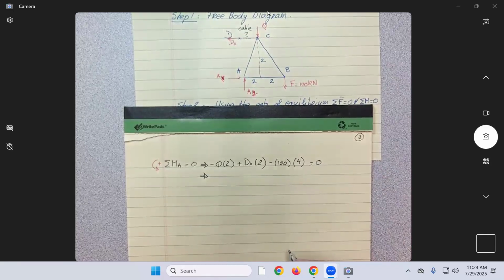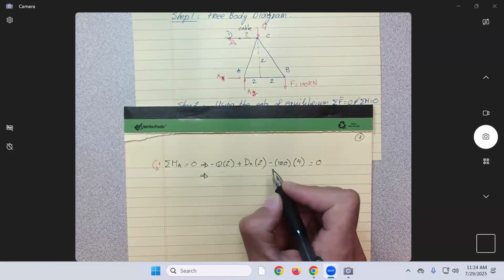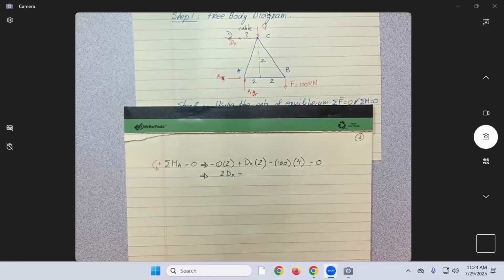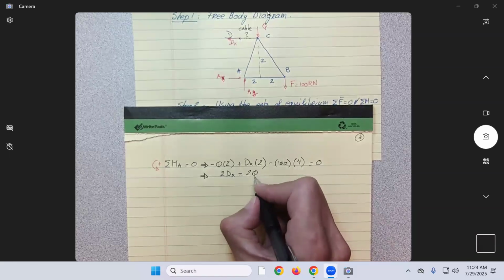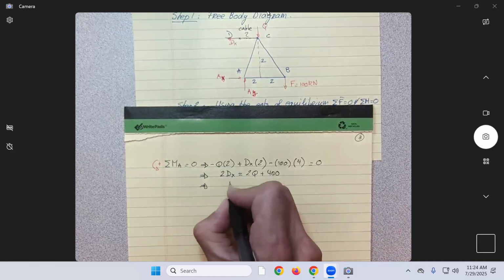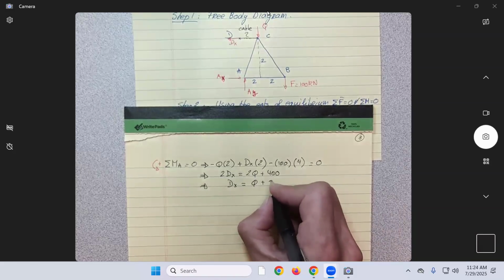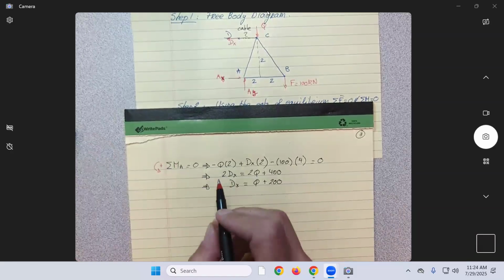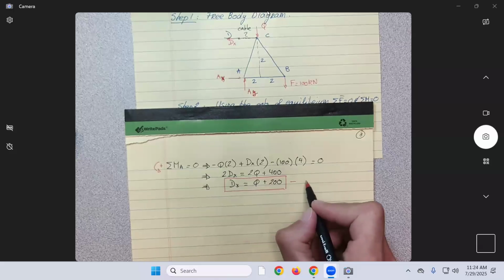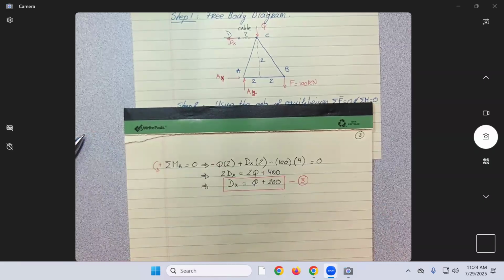So we can solve over here for, so we'll have what? 2DX will be equal to 2Q plus 400, or we will have that DX will be equal to Q plus 200. And this will be our equation 3.